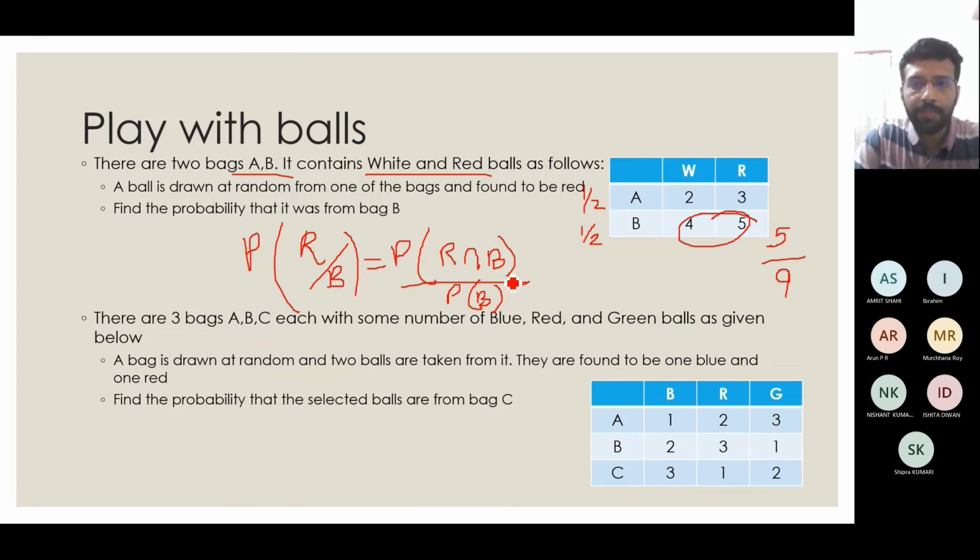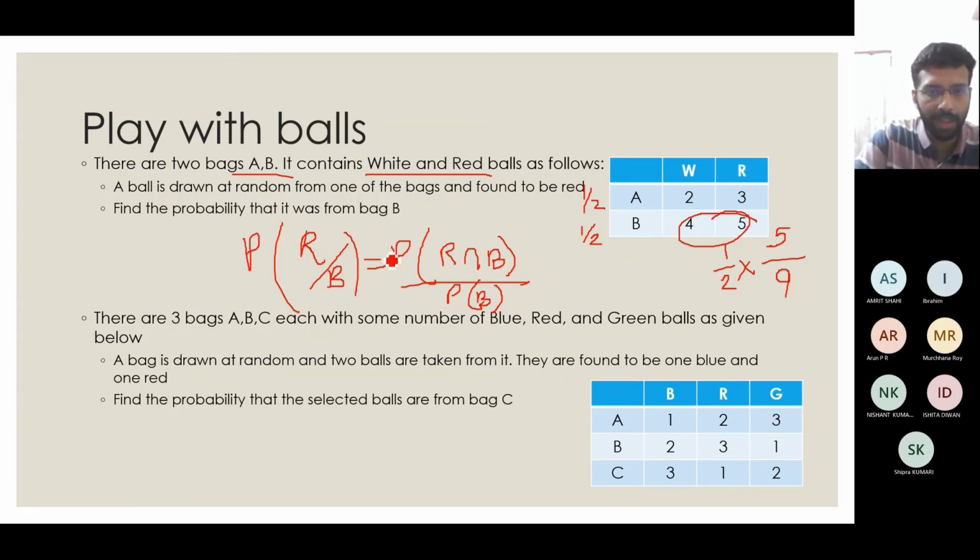If I choose the second bag, then the probability that I took a red ball is 5 by 9. So the probability in this case will be half into 5 by 9.